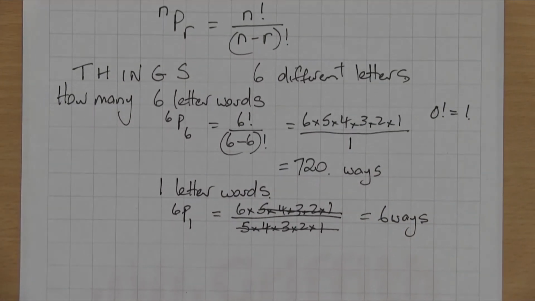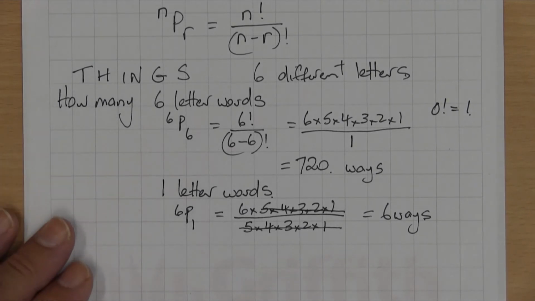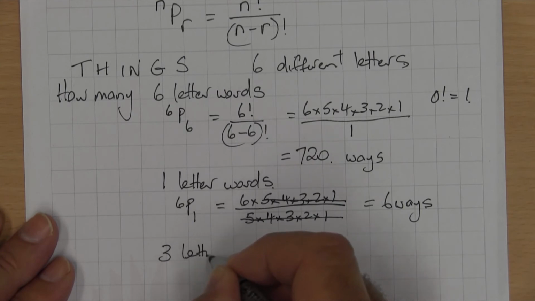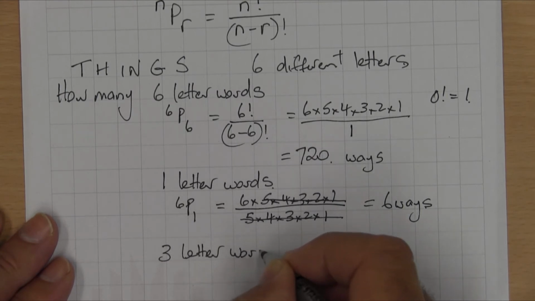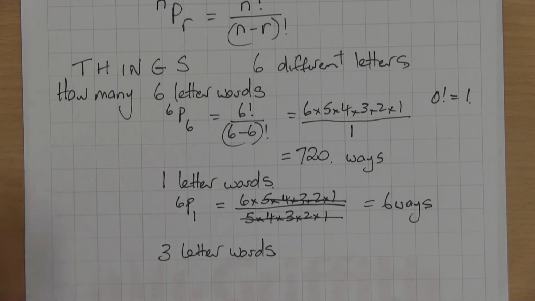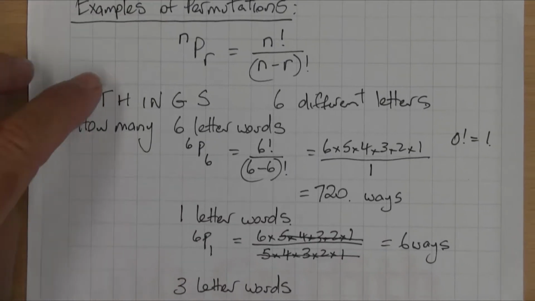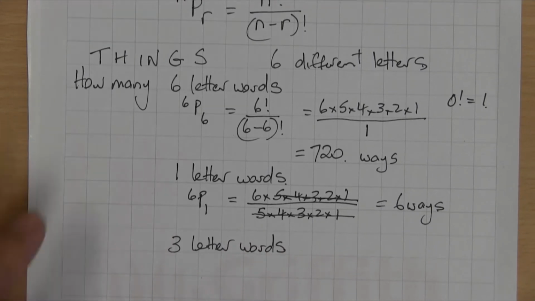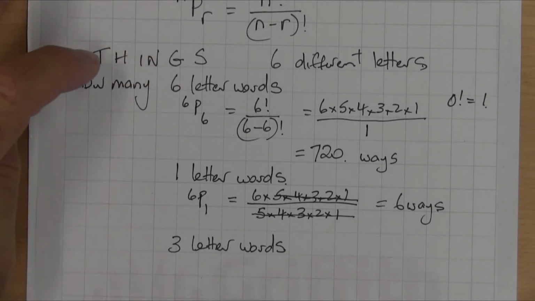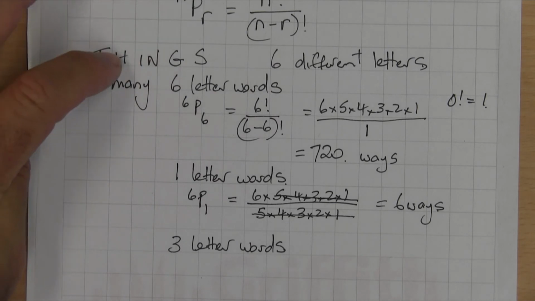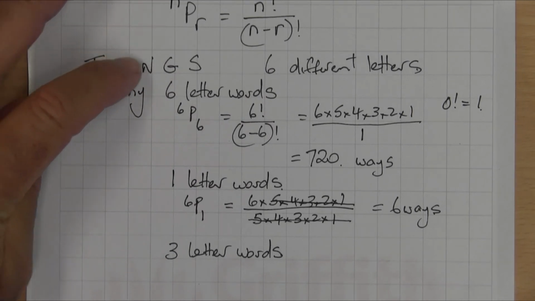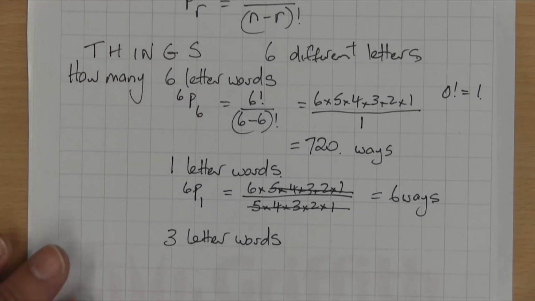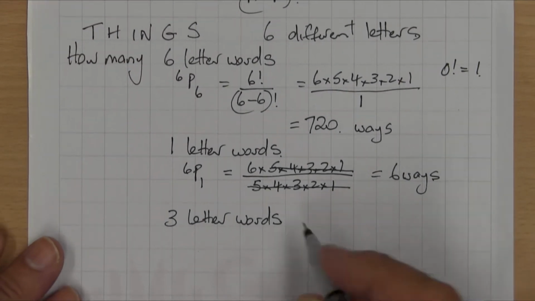Okay, so that's 1-letter words, and for something different, we'll go how many 3-letter words? So you're going to choose 3 letters from T-H-I-N-G-S, and if you choose H-I-N, well, H-I-N is going to be different to N-I-H, as different to I-H-N, etc. So order is important, is what we mean by that.